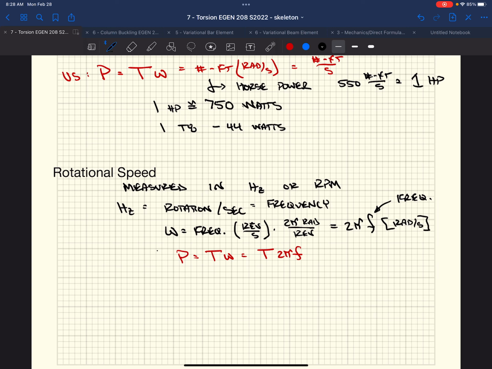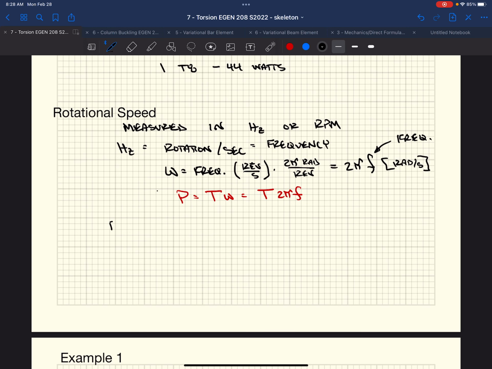Well, we know we also have RPMs, which is revolutions per minute, usually, RPM, right? So omega, rotational speed, would be what we'd call n RPMs, or revolutions per minute. Well, we need to get this to radians per second, right?